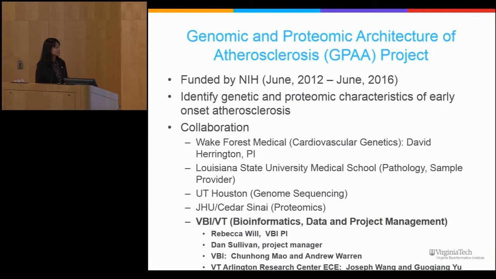JHU and Cedars-Sinai provide proteomics data. And for the VBI group, sorry, the slide is kind of low, we basically provide the bioinformatics support for the whole project, and we also provide data management and project management.